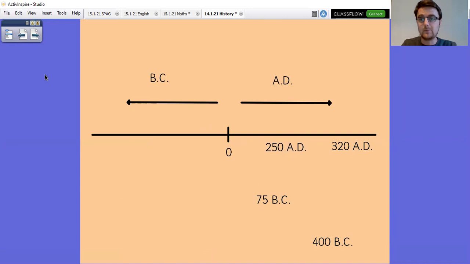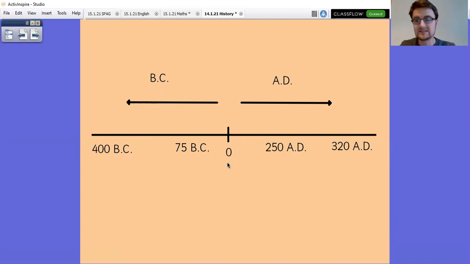However, when we're looking at BC, it's just like negative numbers in that the smaller numbers are closer to the year 0. So 75 BC is closer to the year 0 than 400 BC. So when we're ordering, we need to be very careful to look at whether it's BC or AD and make sure that we follow that rule, that with BC, as things get closer to 0, it means they were more recent. And with AD, as things get further away from 0, it means that they were more recent.